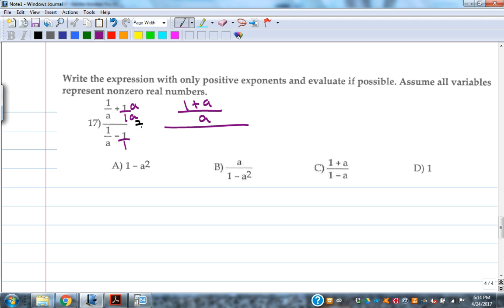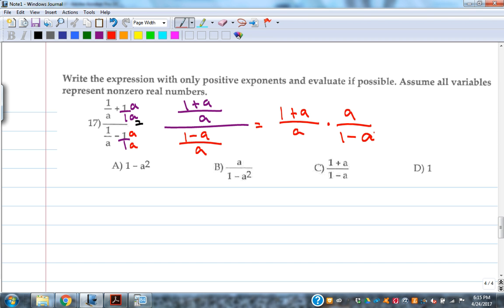The same thing happens on the bottom. Both of them need an a, so that's 1 minus a over a. When you divide fractions, that's the same thing as multiplying by the reciprocal.